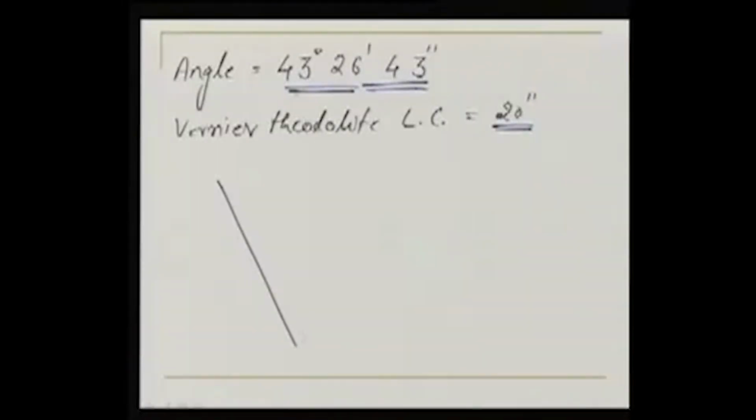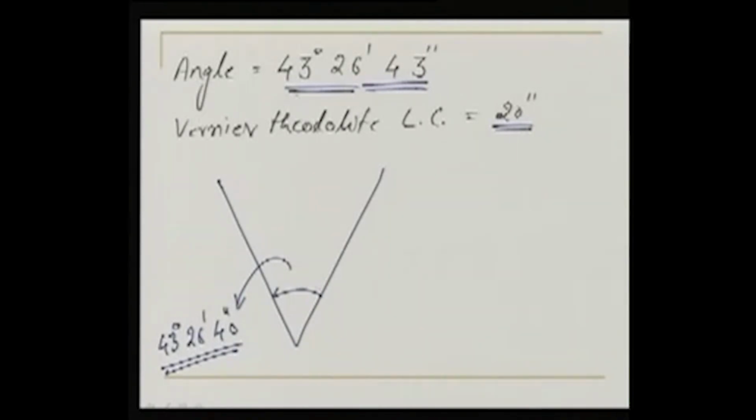So what do we do? Well, that's our reference line. From this reference line, first we set out the angle as we just discussed, which is 43 degrees, 26 minutes and 40 seconds. That's the angle which we set out, and it is possible to set out this angle.